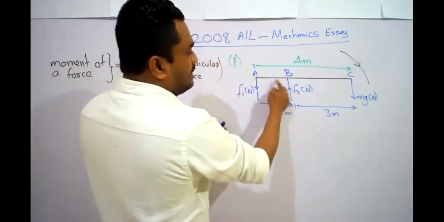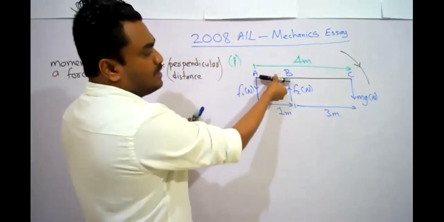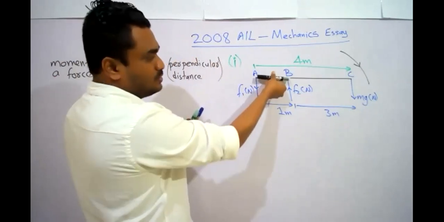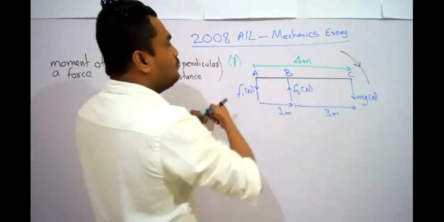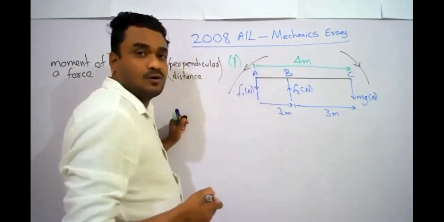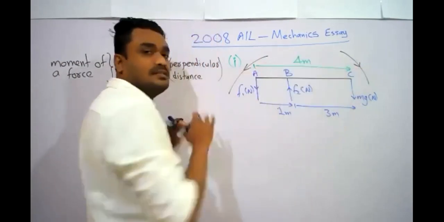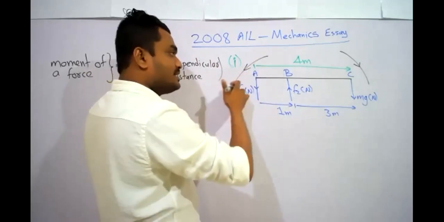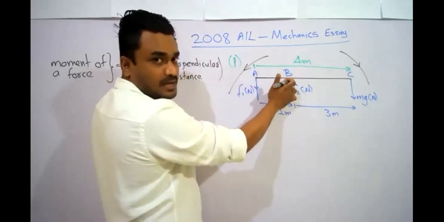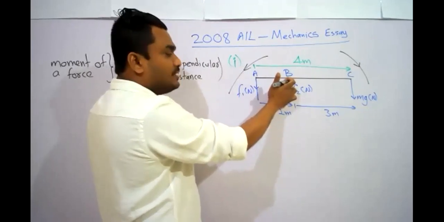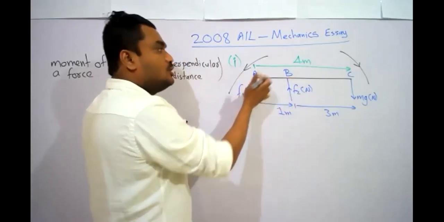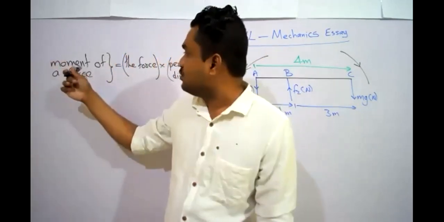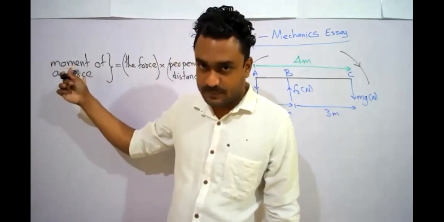Similarly, if you consider point B, this F1 force tries to rotate the rod in the anti-clockwise direction, because it is acting downward. So that is anti-clockwise. The amount of effort given by this F1 force to rotate the rod in the anti-clockwise direction is again said to be the moment of that force.